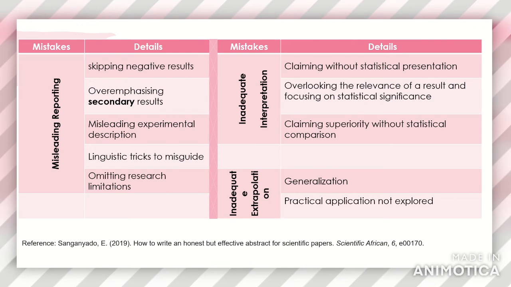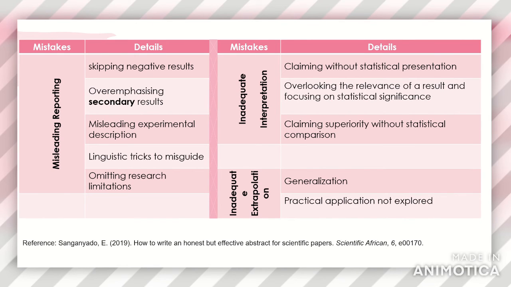Misleading experimental description: the actual experimental description which you have used is not given, and instead some misleading description has been given. Linguistic tricks: as I said, vague words, ambiguous words, tricky words are not accepted. This is wrong use. Omitting research limitations.